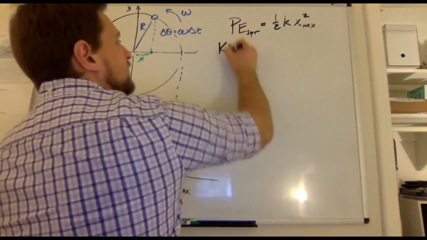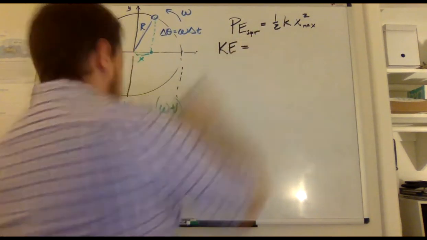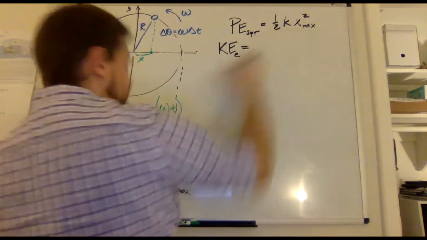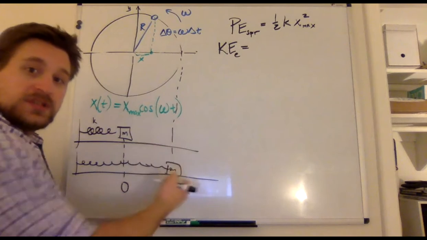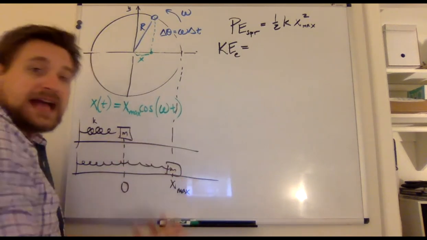So the kinetic energy we have on our way through equilibrium has to be equal to the potential energy we had when we started, because none of the energy is potential anymore. All of it has to be kinetic.